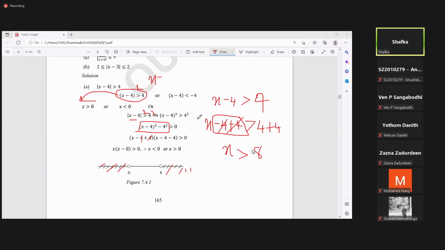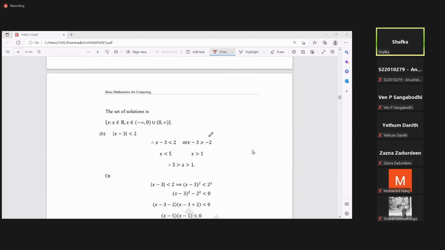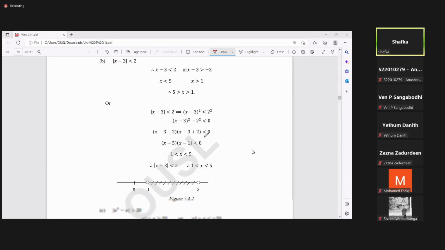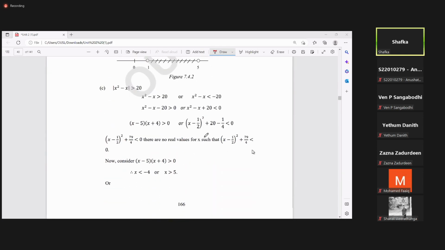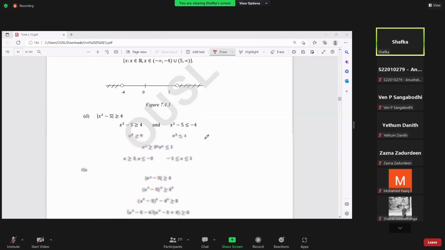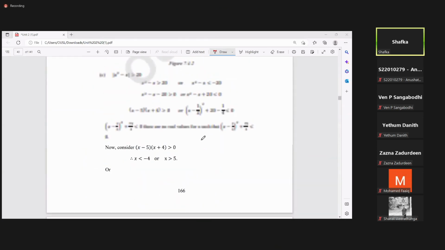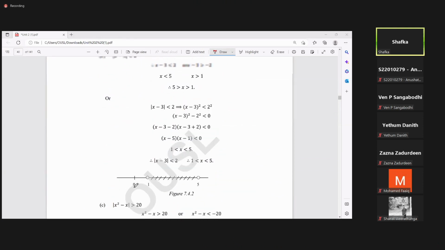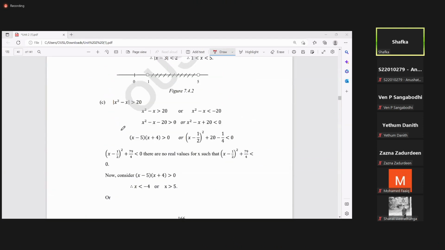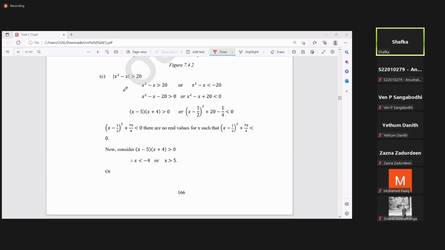Okay, then let me move to another question. When you consider this question, I hope now you all understand how to get the factorization if you have absolute value.